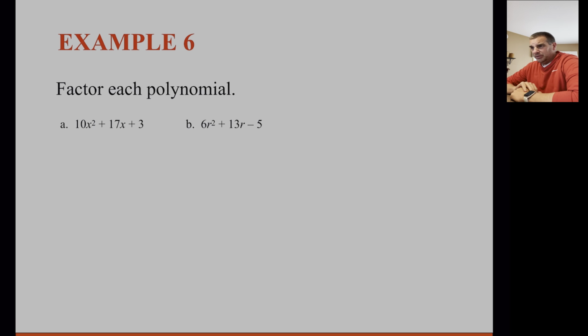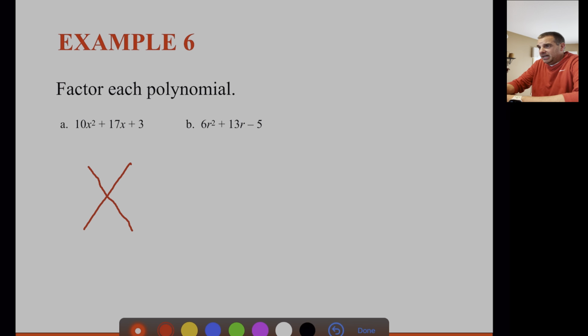So let's look at a couple of other ones. Let's look at 10x squared plus 17x plus 3, and we're going to factor that. I'm going to take a times c on the top, which is 30. On the bottom, it's 17. So 5 and 2. But because my a value wasn't 1, I have to divide by my a value.